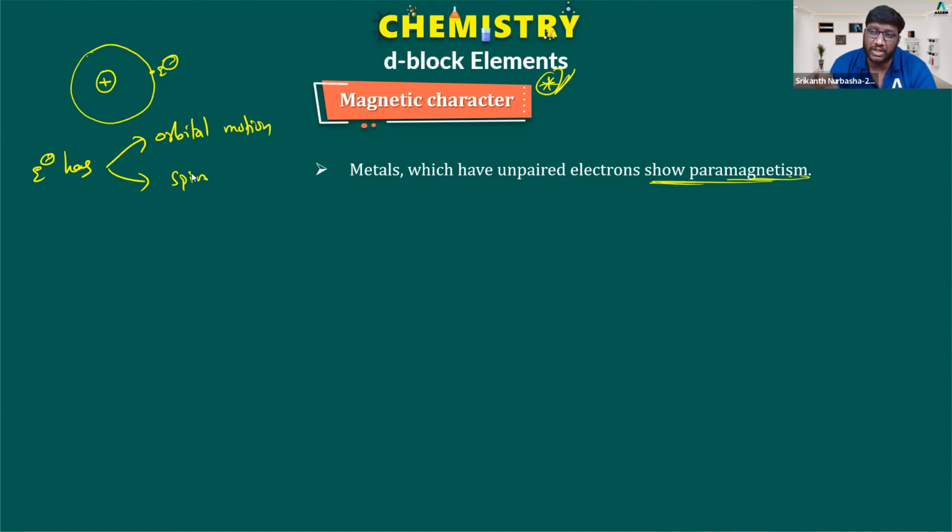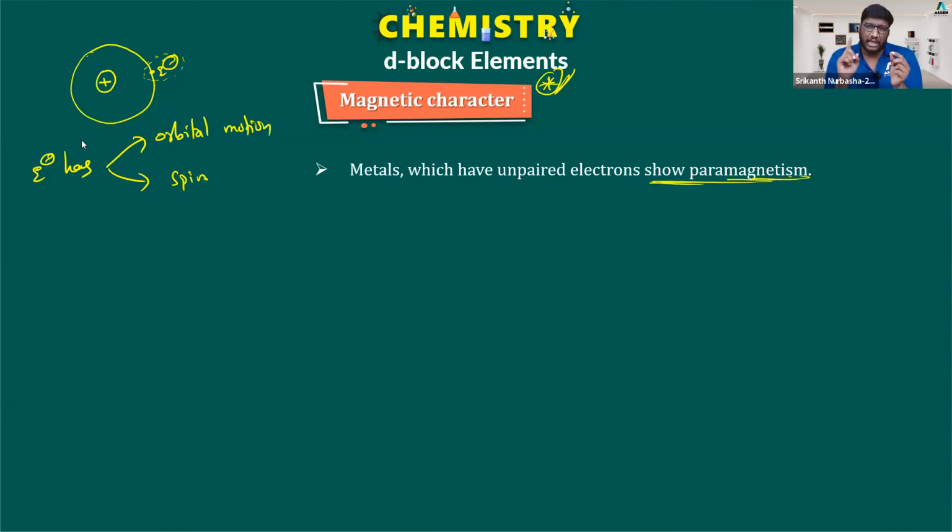Because of this orbital motion and this spin, you can imagine the electron as a negatively charged particle moving in a circular path. Can I say this orbit as a current carrying loop or not? You have studied magnetism. You might be knowing about current carrying loop. Yes or no? Yes, sir.